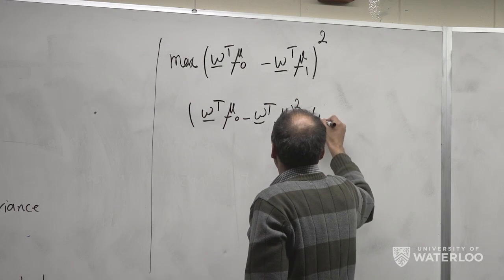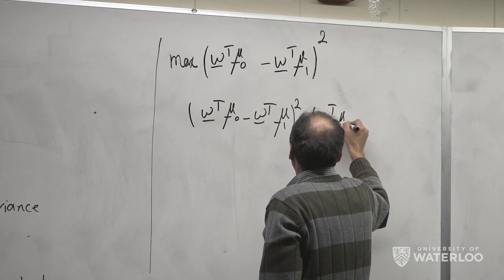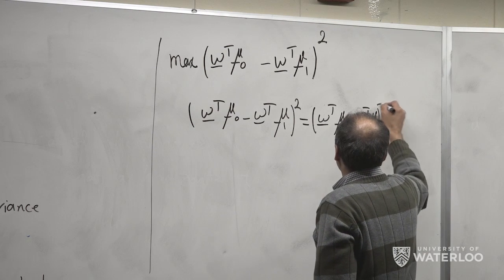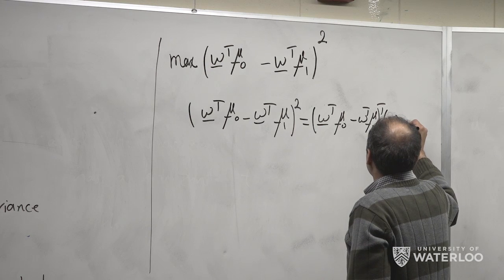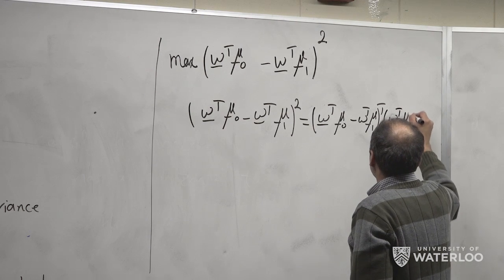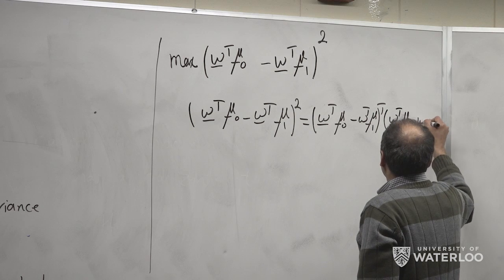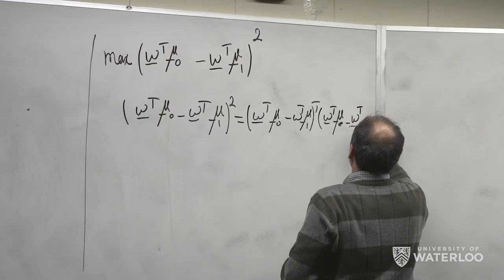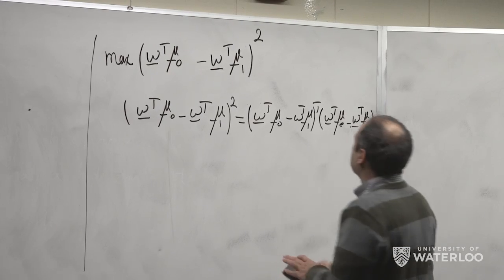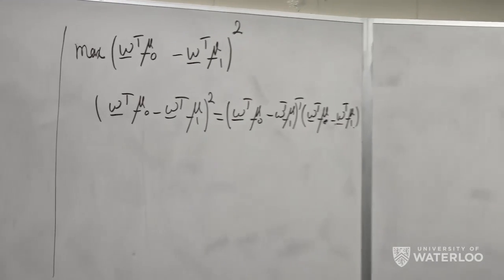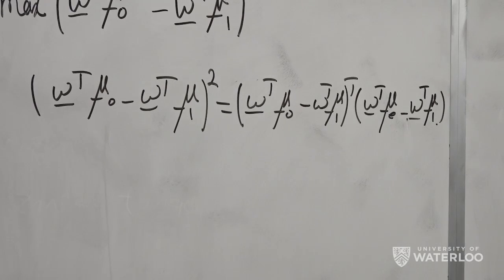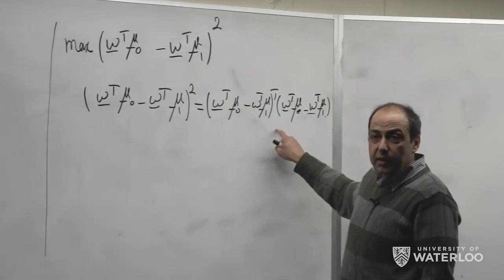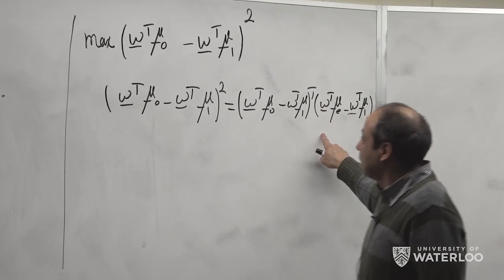This is basically (W transpose mu0 minus W transpose mu1) transpose times (W transpose mu0 minus W transpose mu1). I can rewrite this expression in this form.